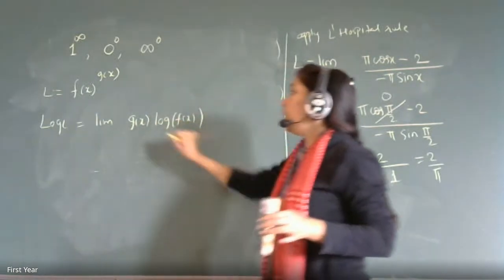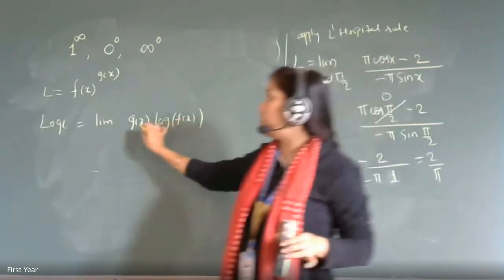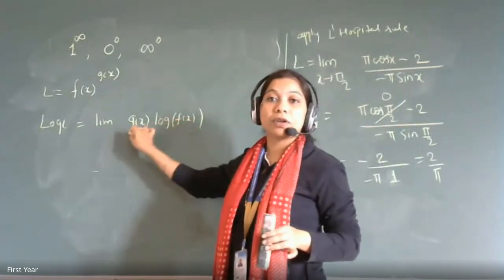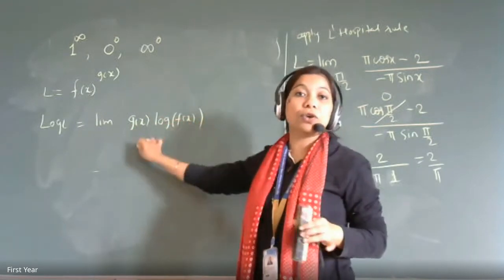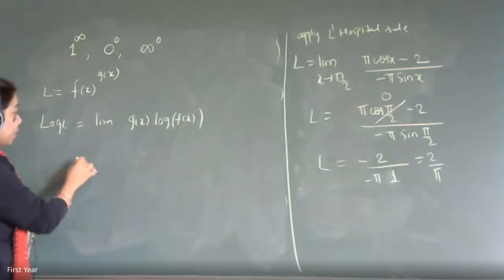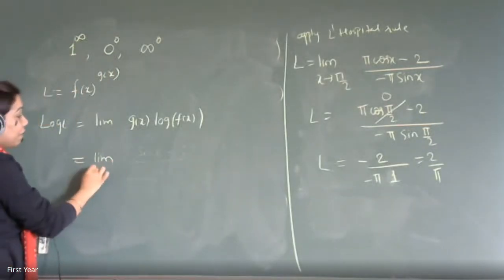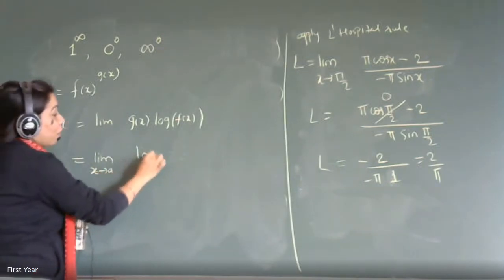Now it is not directly in 0 by 0 or infinity by infinity form. It is a product, so it will be 0 into infinity form. If I want to convert it to 0 by 0 or infinity by infinity, I write g of x in the denominator as 1 upon g of x.